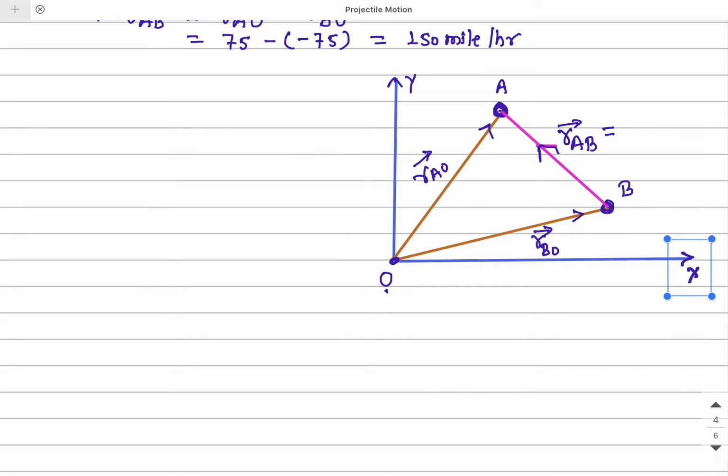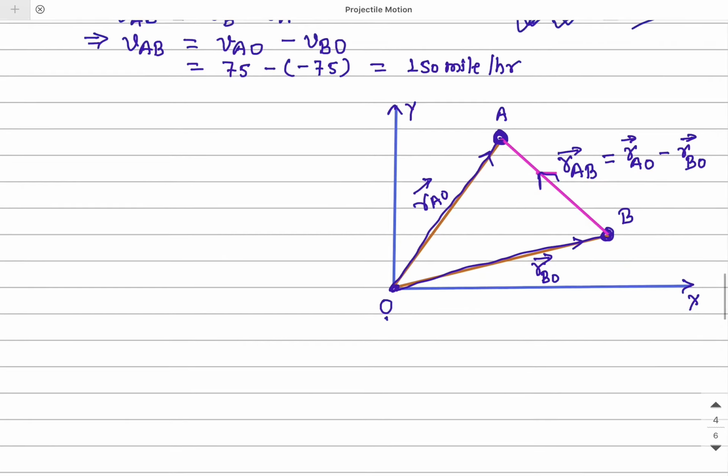First write down RA minus RB, and then write down O and O. That's how you write it. And it makes sense.